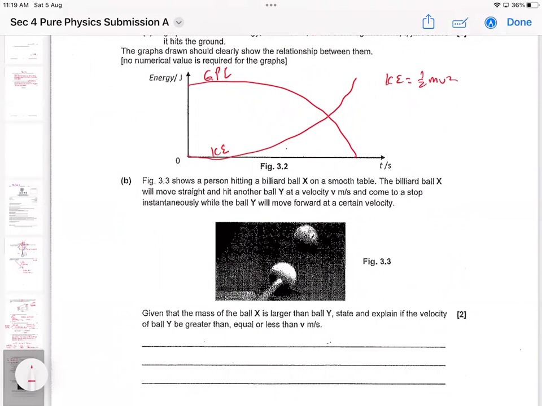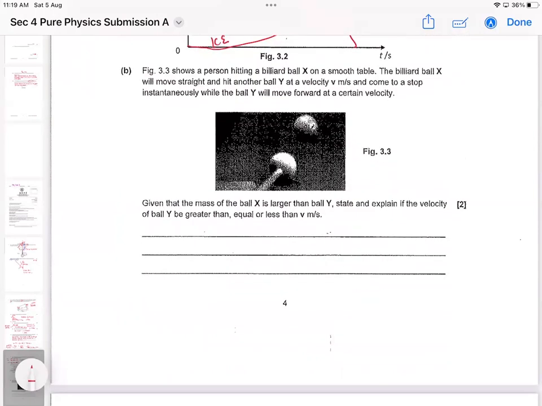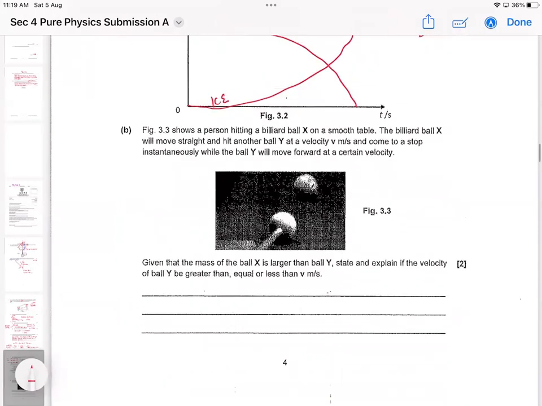Generally, ball Y should have a larger velocity. The basic concept here is conservation of energy. So ball Y should have a larger velocity.